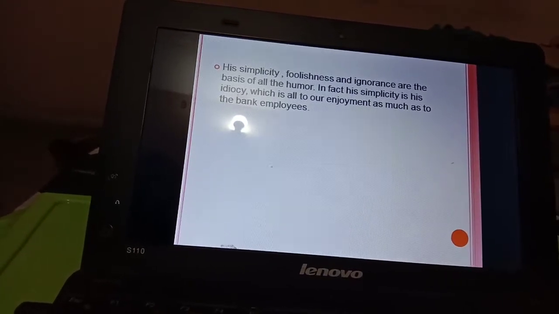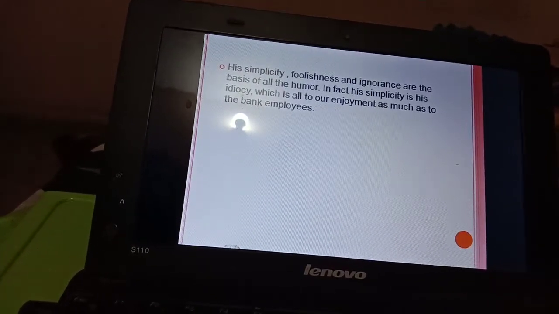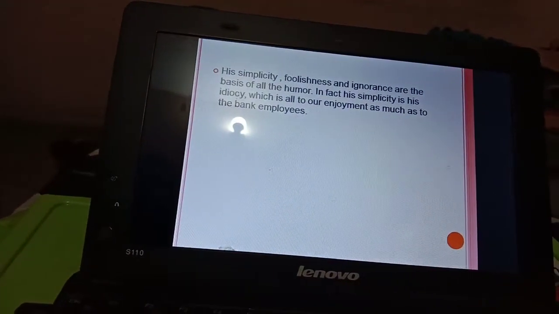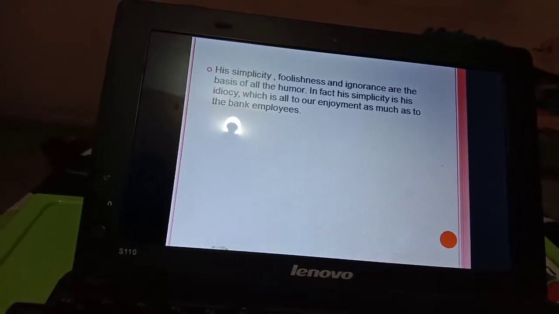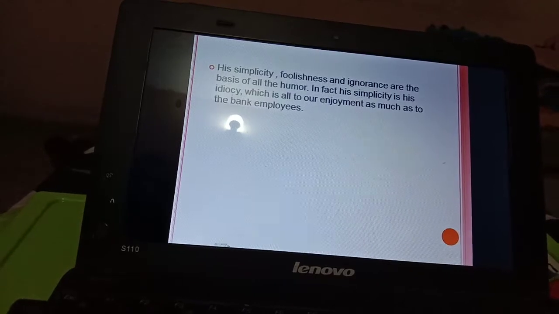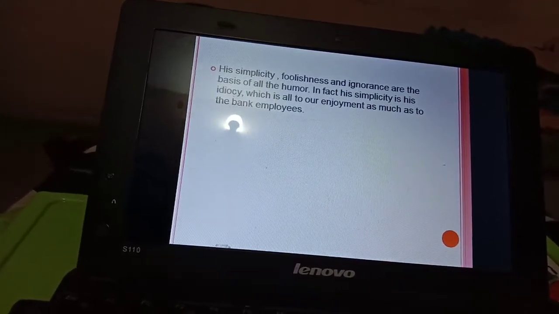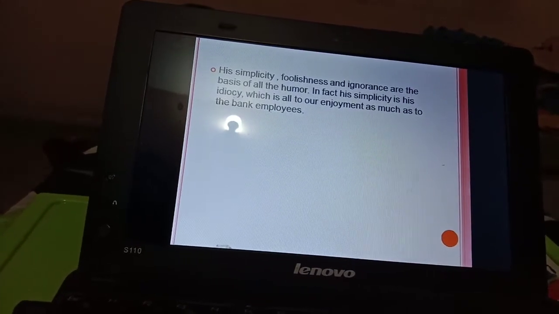The dialogues are between two people in the bank. One is the cashier, another one is the customer. The cashier would tell him how we have to open an account, what the benefits are, what the profit is, how to deposit, all the things the cashier should make the customer understand.